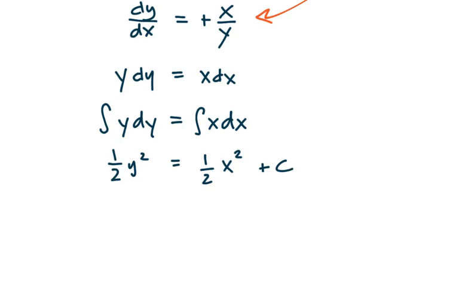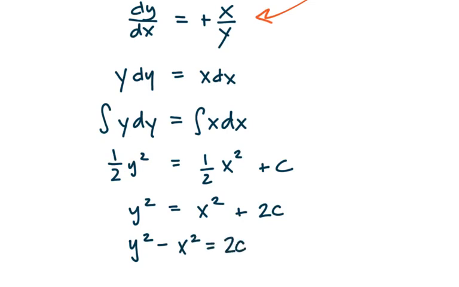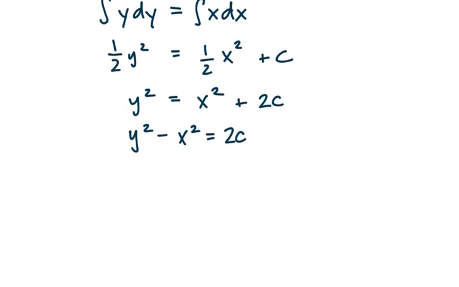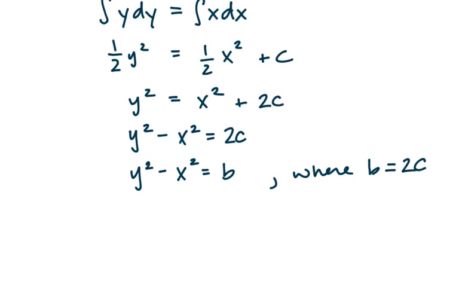And I can multiply through by 2 just to clean it up a little bit. y squared equals x squared plus 2c, or y squared minus x squared equals 2c. And in this case, with that 2c, we're just going to call it b, some other arbitrary constant. So y squared minus x squared equals b, where b equals 2c.